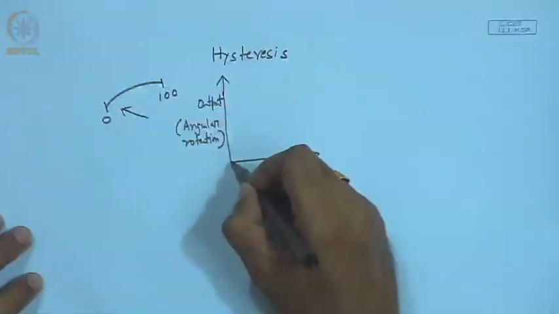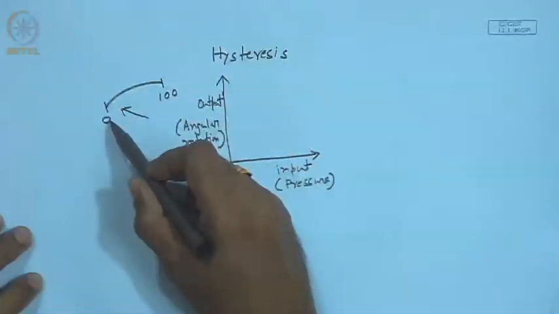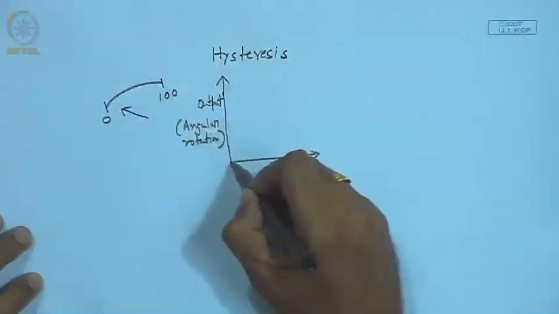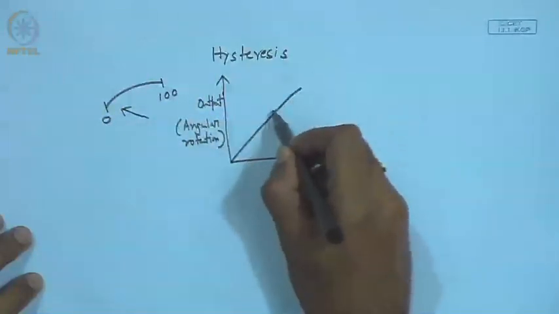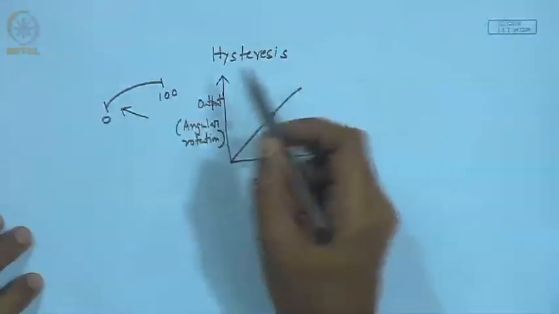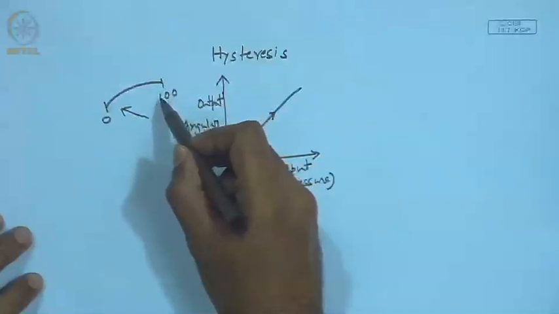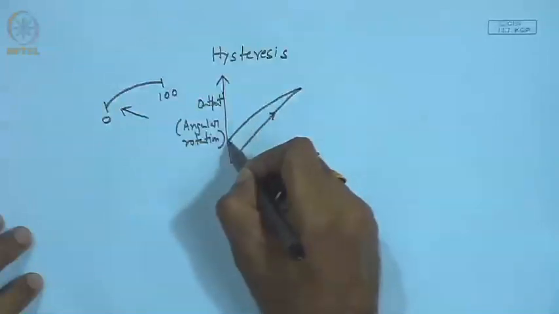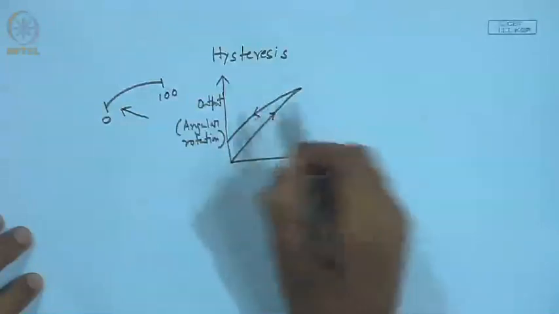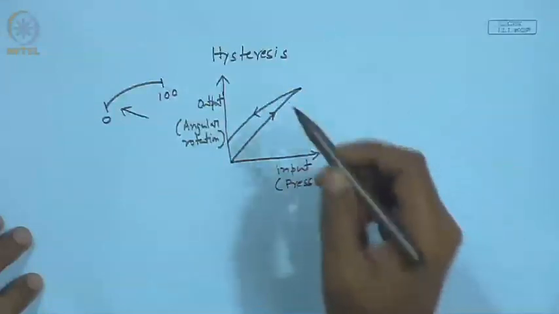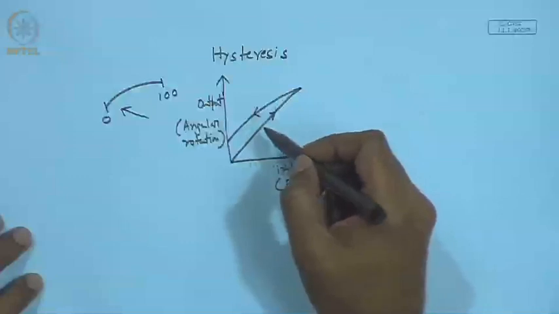While increasing the pressure from 0 unit to 100 unit, I follow this path, while lowering down the pressure from 100 units to 0 unit, I may follow another path as follows. So, hysteresis is this loop.